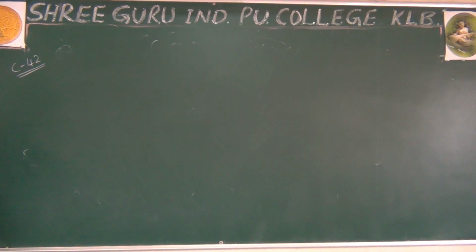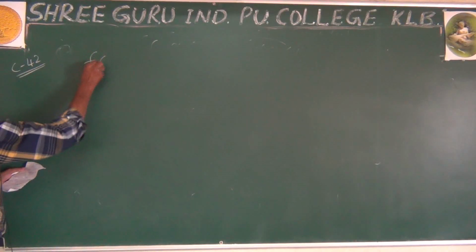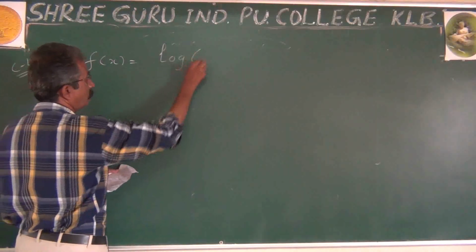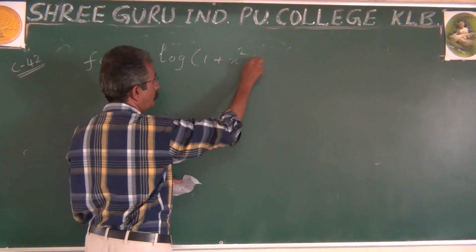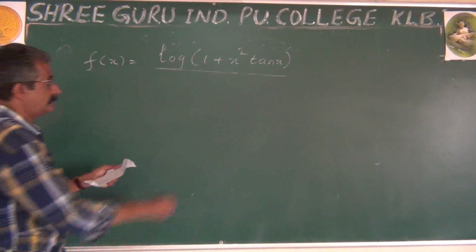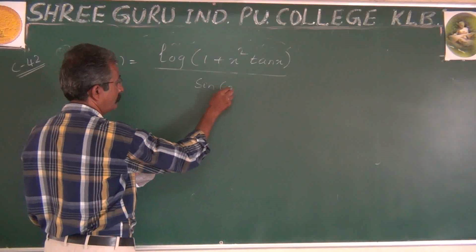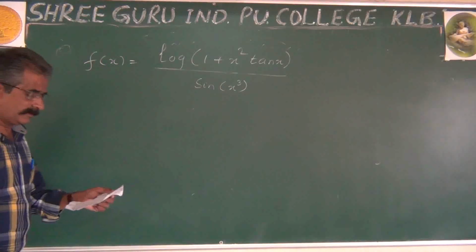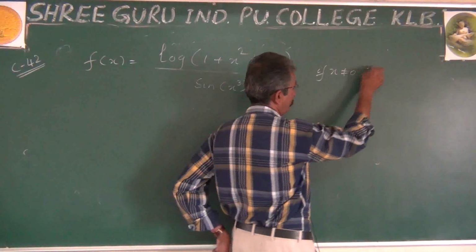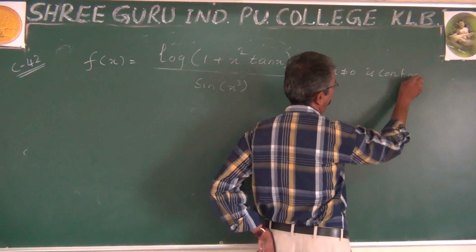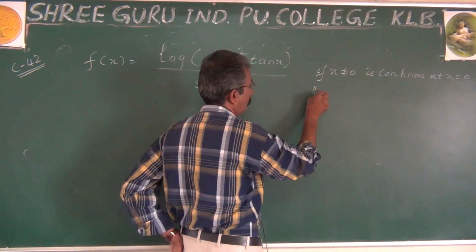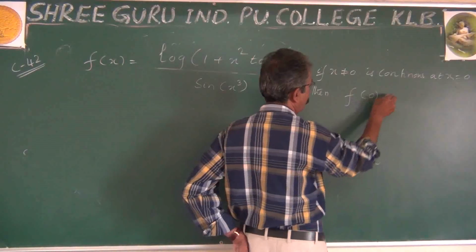If the function f of x equals log of 1 plus x square into tan x, divided by sin x cube, if x not equal to 0, is continuous at x equal to 0, then what is the value of f of 0?